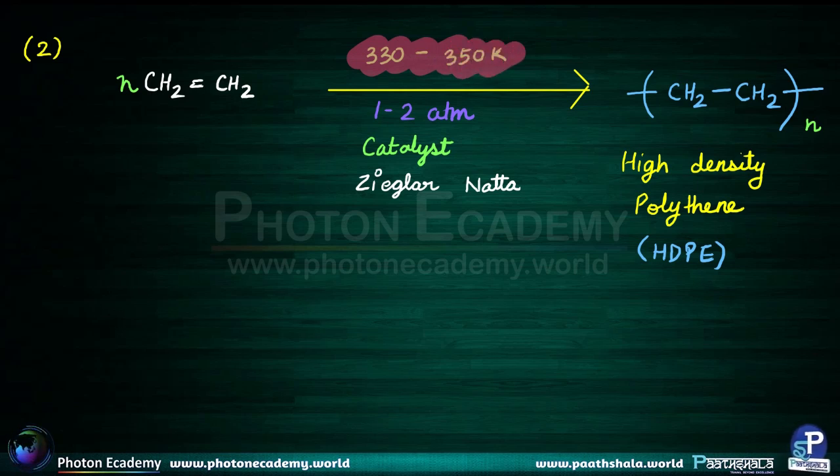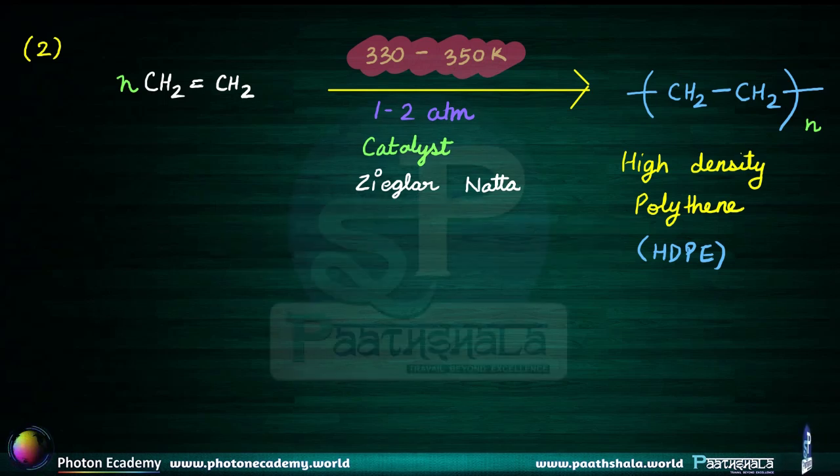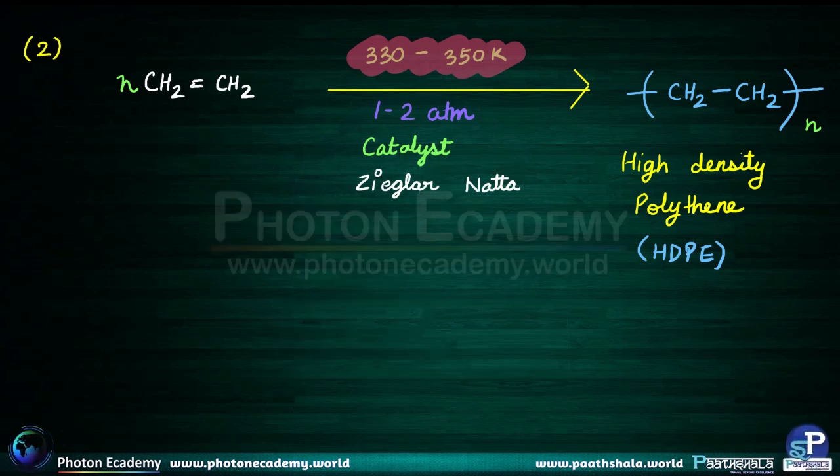Because this temperature is low, this process of conversion of ethene to high density polythene will take a very long period of time, and hence the cost of production will automatically rise. Also, because the process is taking place at a low temperature, the process itself is very, very slow. Because of this slow process, no branching is seen when this high density polythene develops.